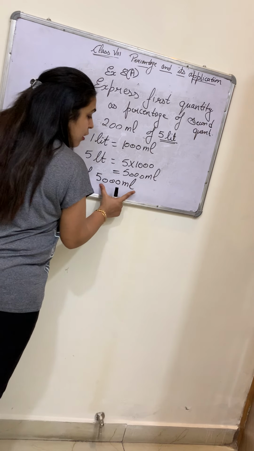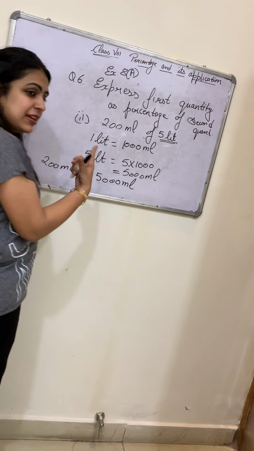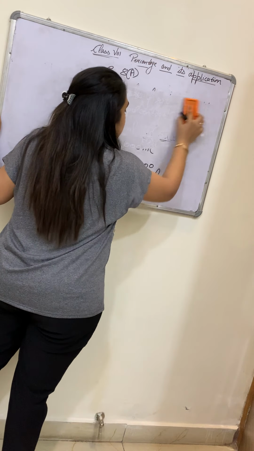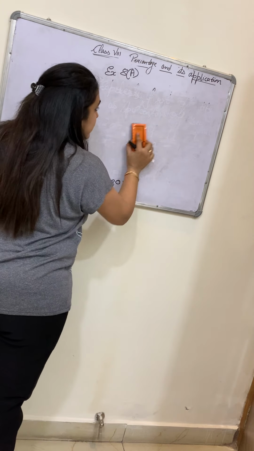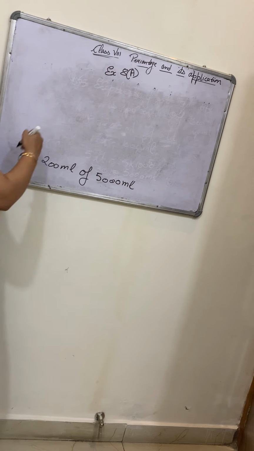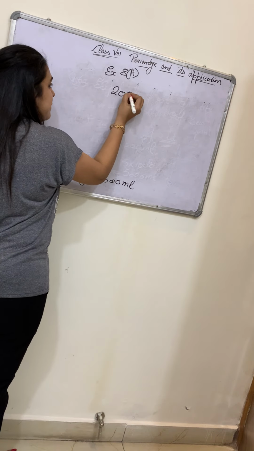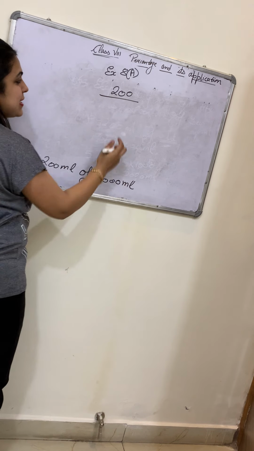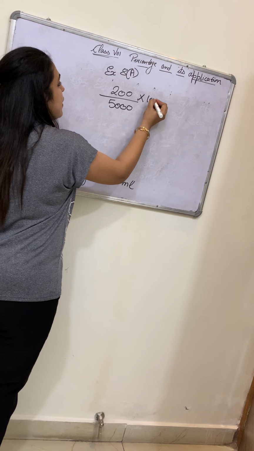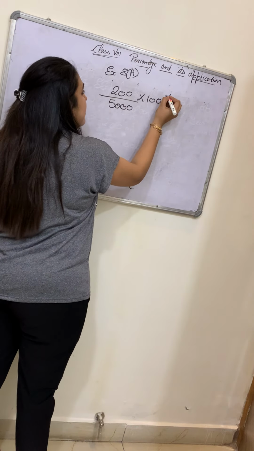200 मिलीलीटर ऑफ 5000 मिलीलीटर की परसेंटेज कैलकुलेट करनी है. That means whichever is the first quantity, first quantity is 200 milliliter, we are going to write it as 200 upon whatever is the second quantity, that is 5000, into 100 will be your percentage.